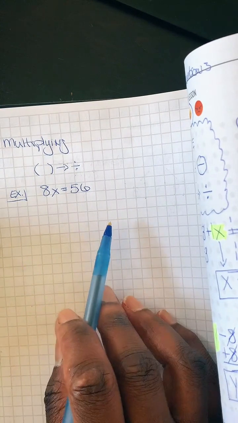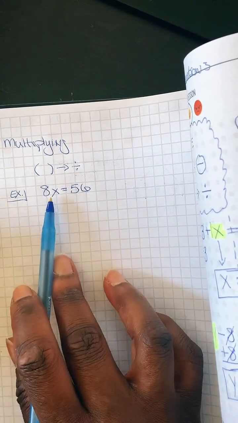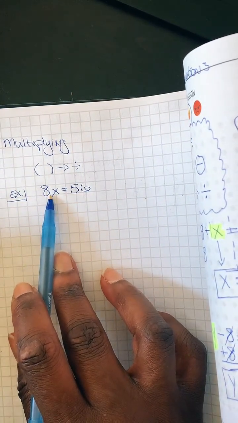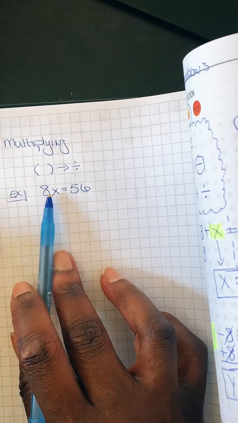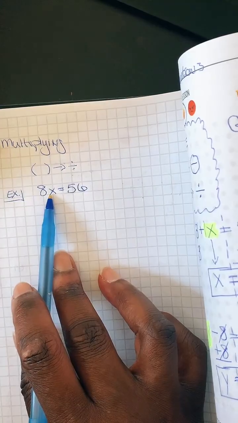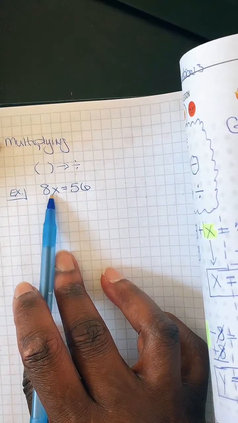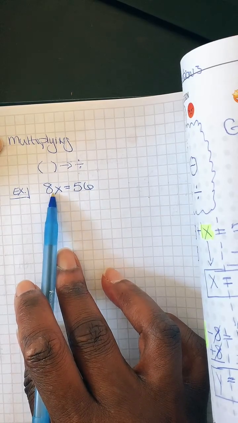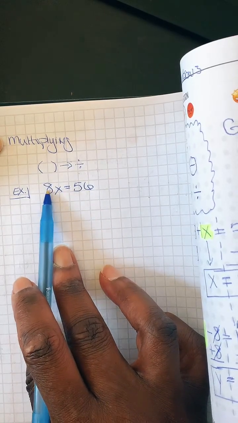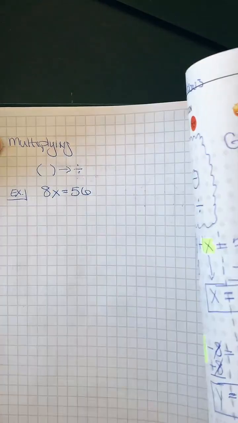So if 8x equals 56, if I look in between the number and the variable and I don't see a plus or a minus sign, that means I am multiplying. Okay, so that's how you tell if you're going to be multiplying or dividing. If you don't see a plus sign or a minus sign in between the a and the x, this is multiplication.